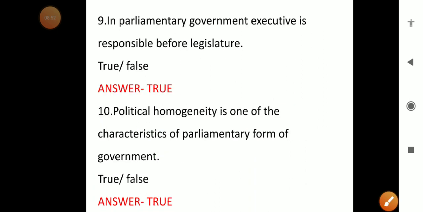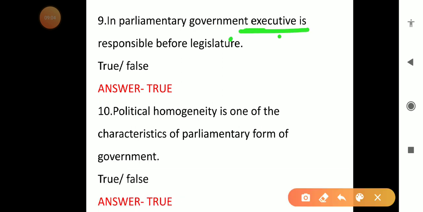Moving to the next question. Question number 9. In parliamentary government, executive is responsible before legislature. So there is a close relationship between executive and legislature, in parliamentary form of government. In presidential form of government, three organs, that is executive, legislature and judiciary, remain separate. There is no relationship at all. They work independently.